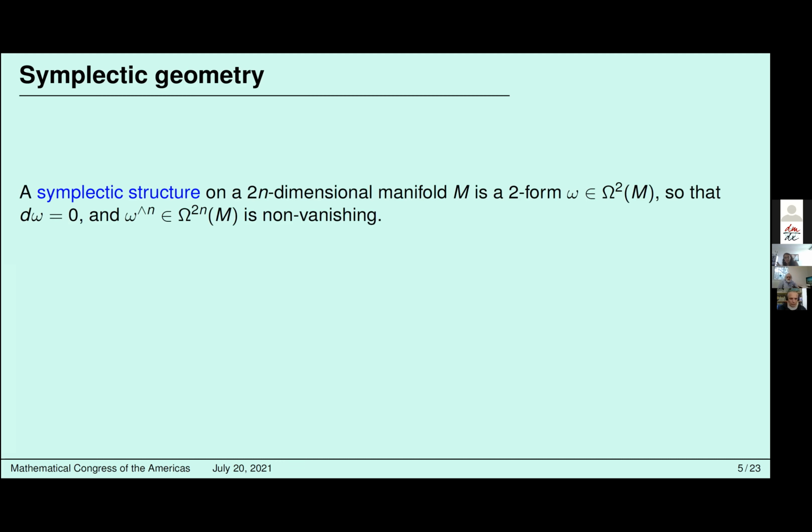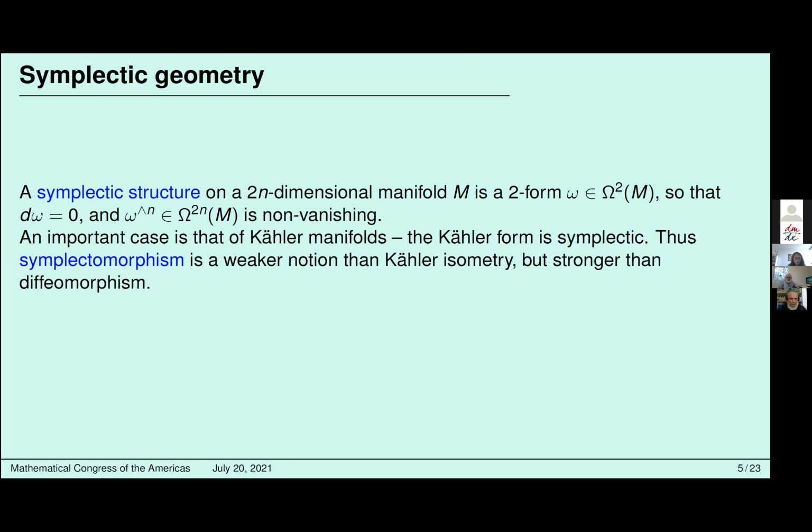The very quick and dirty definition of a symplectic structure is that it's a two-form which is non-degenerate and closed. That can be very hard to understand, I think, why that's a good definition if you're not familiar with these things. I think the best intuition starting point is to think about Kähler manifolds.